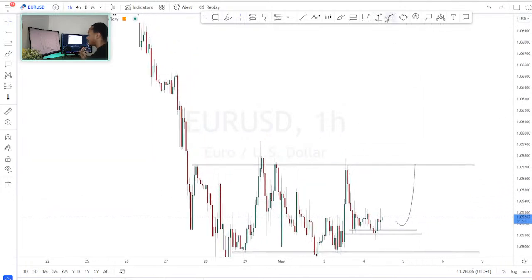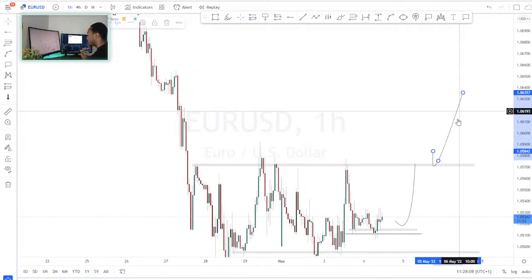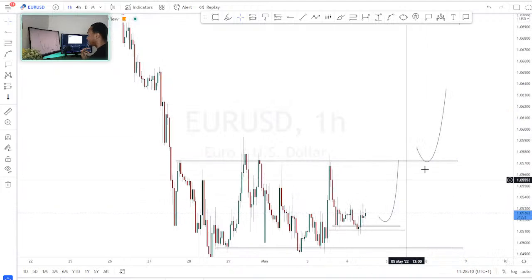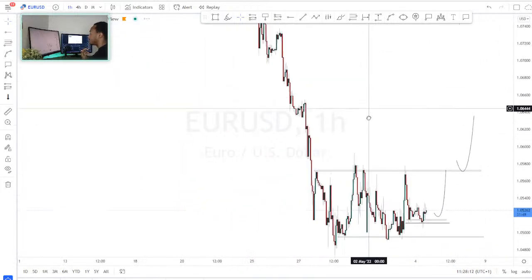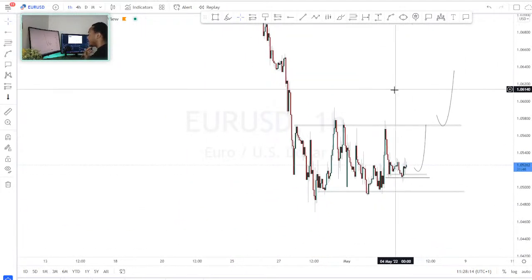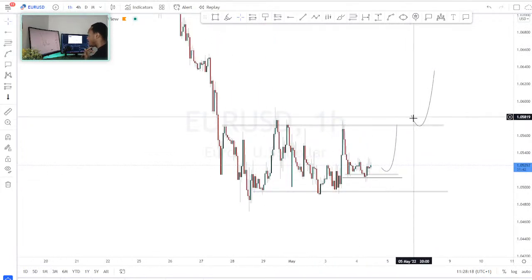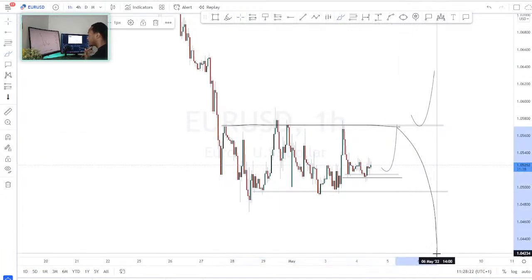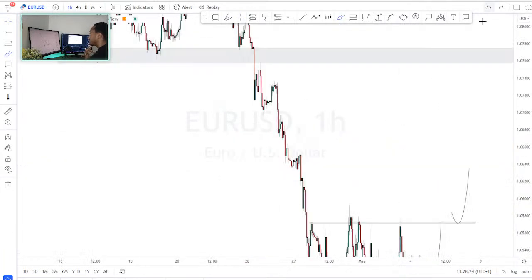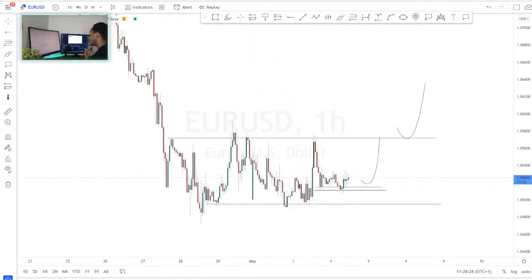If we can break through that, then a break and retest would be great, and we can go a lot higher and probably see not a reversal, but definitely a bigger correction for Euro USD. Of course, if we don't, we might just come straight back down. But that is what I'm favoring for Euro USD.